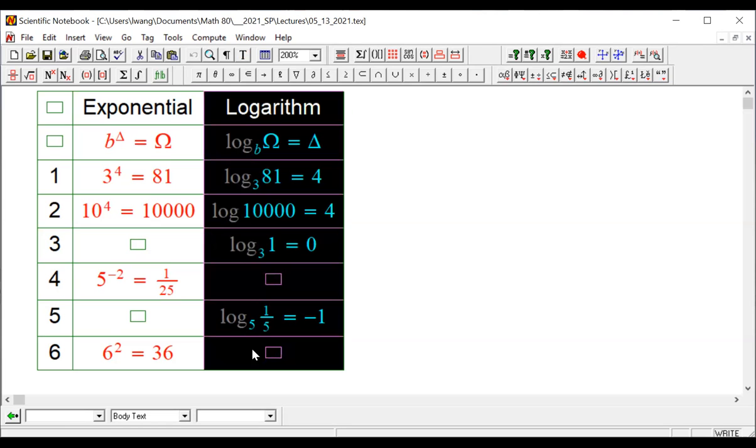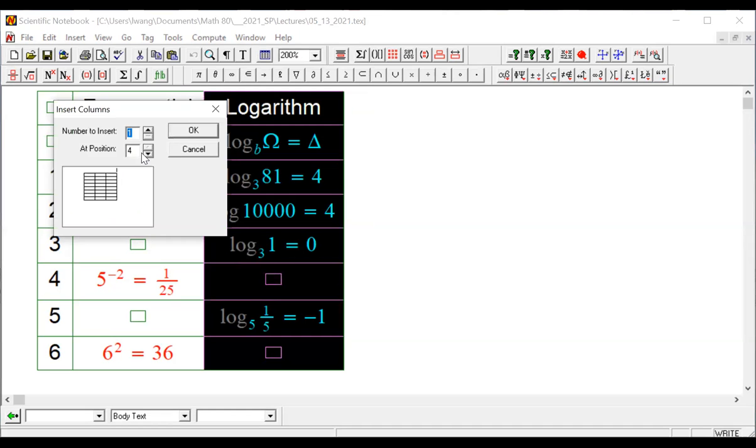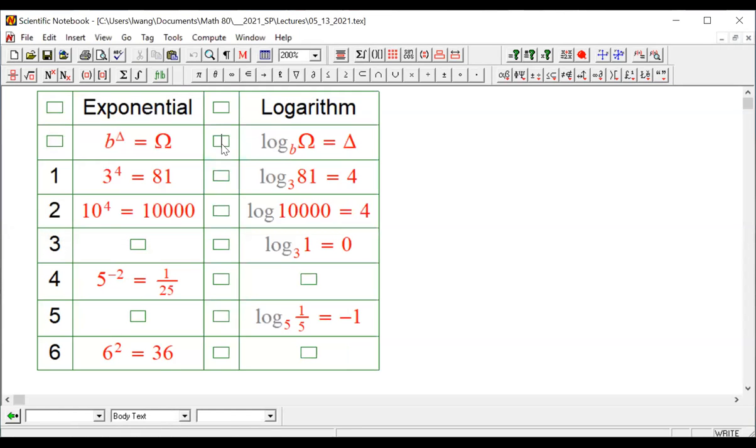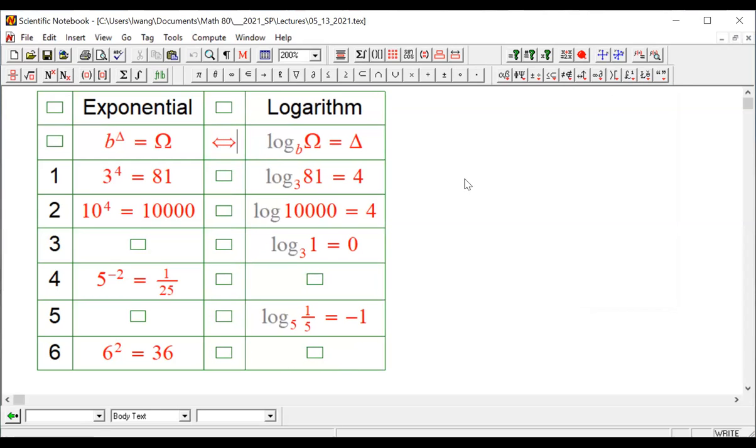So in between, I'm going to insert a column, and I put an equal sign. Equal sign means equivalent. Do you know what to do?